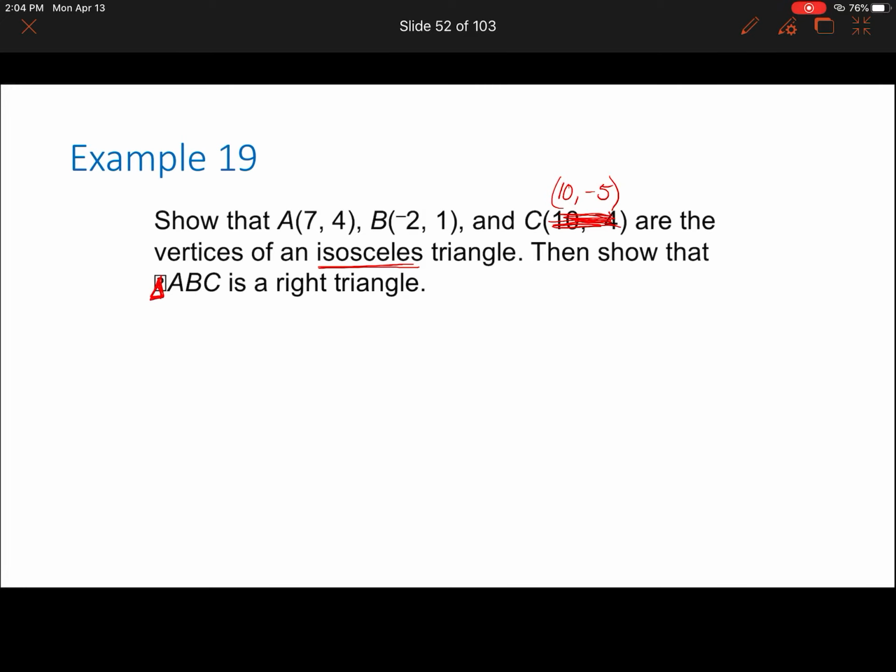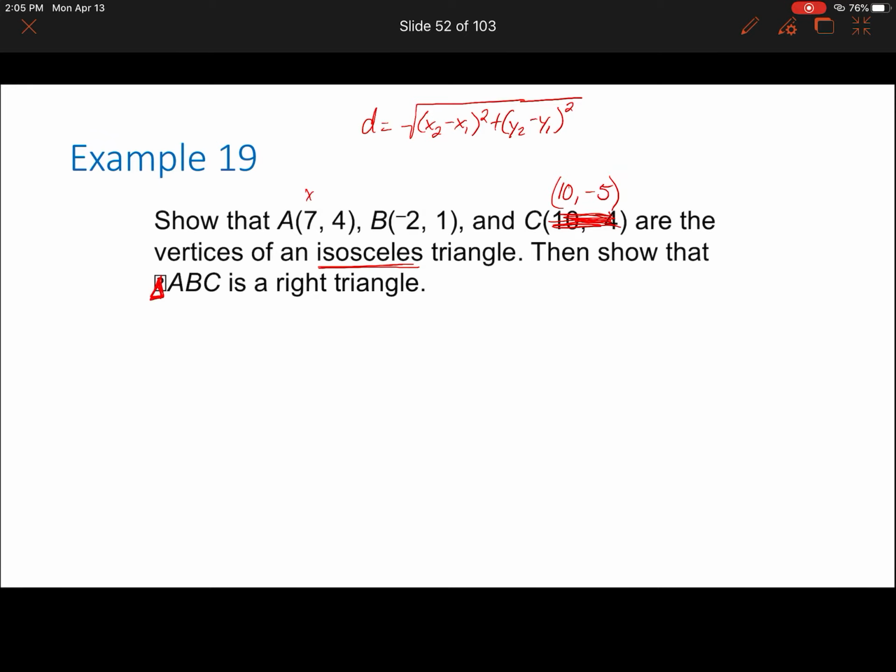Okay, so if you remember, our distance formula is the square root of x sub 2 minus x sub 1 squared plus y sub 2 minus y sub 1 squared. And when you use that distance formula, remember that each ordered pair is an x and a y.